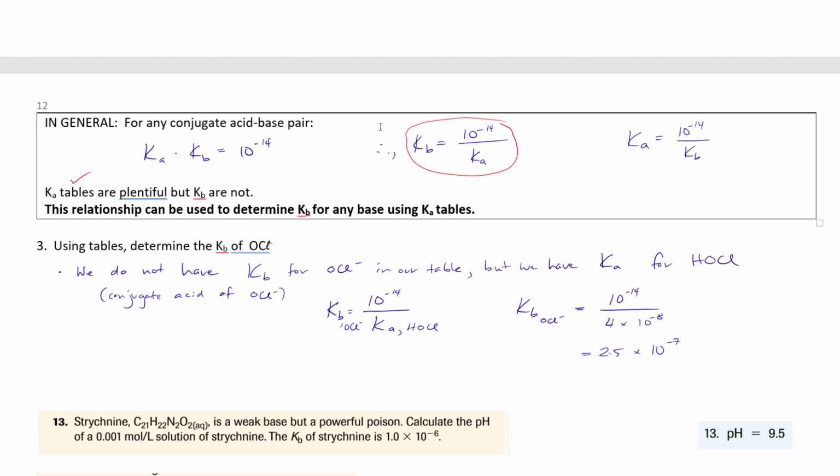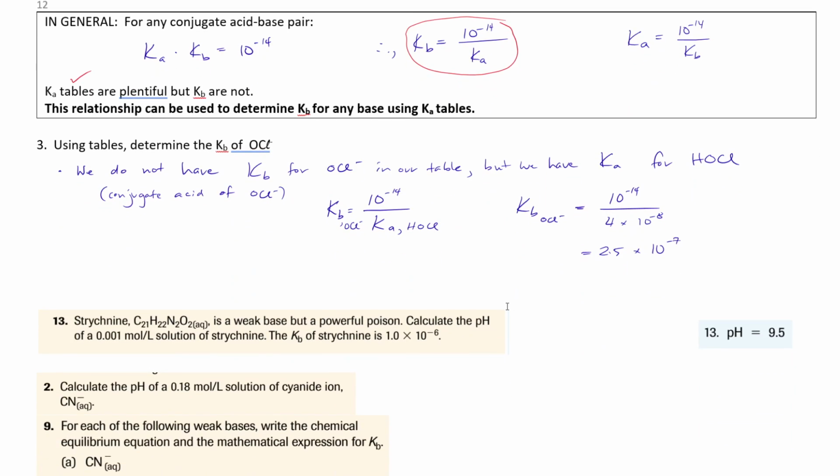So whenever you're doing base calculations or calculations involving weak bases, you may initially need to find the Kb value. So what I'm going to do right here is I'll put a little star so you can remind yourself, okay?